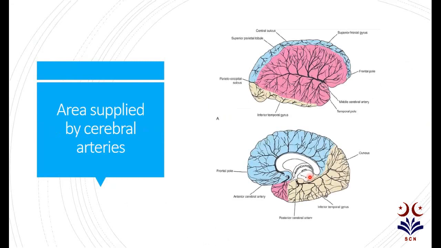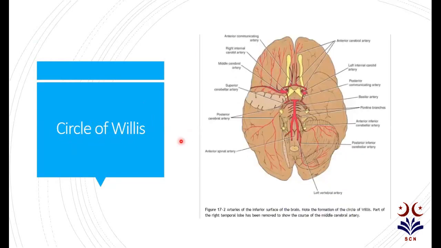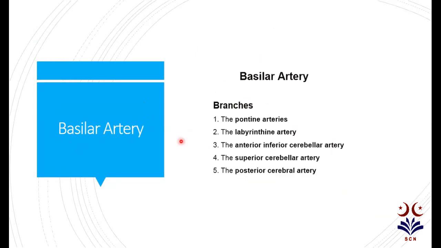So this is very important and interesting. First of all, before I move to the formation of the circle of Willis, I think this is more relevant. This area is supplied by the cerebral arteries. All you have to know is where they come from: the anterior cerebral arteries, posterior cerebral arteries, the middle cerebral arteries. If you recall, this is the basilar artery, which gives the posterior cerebral artery.